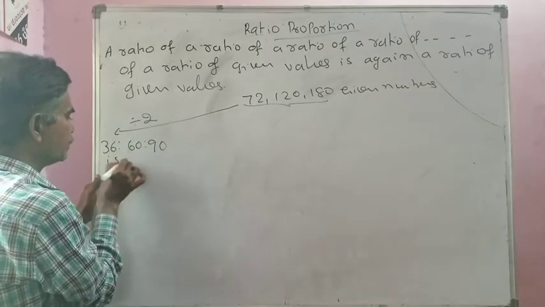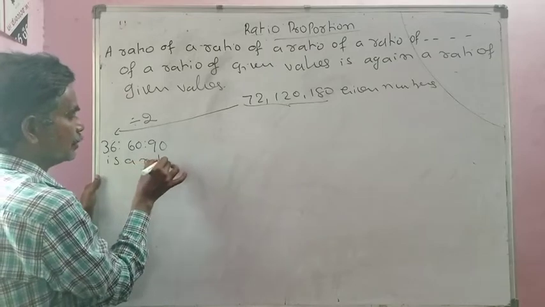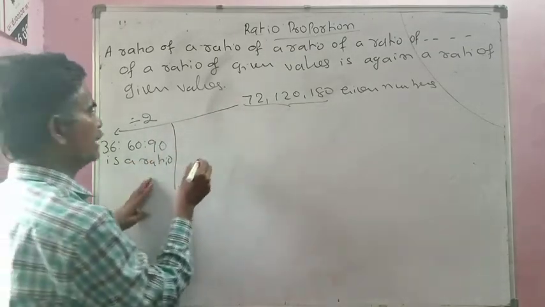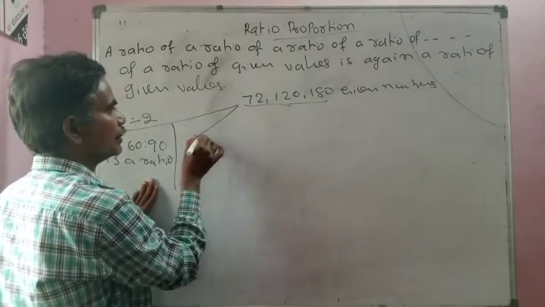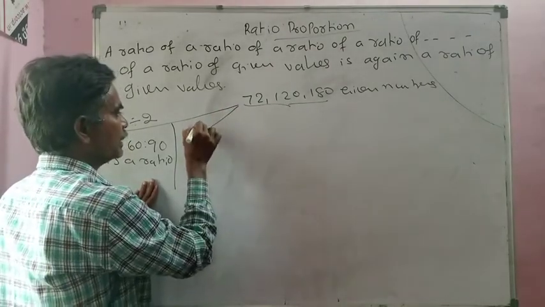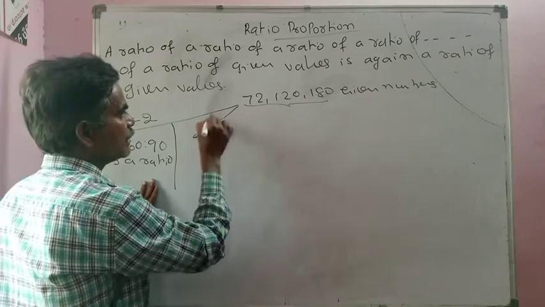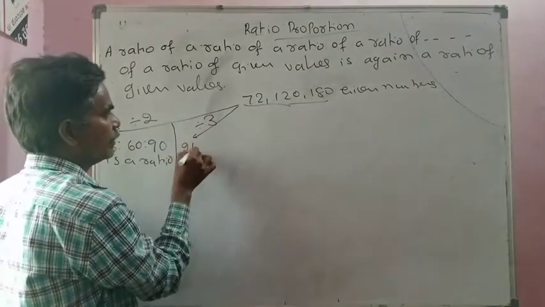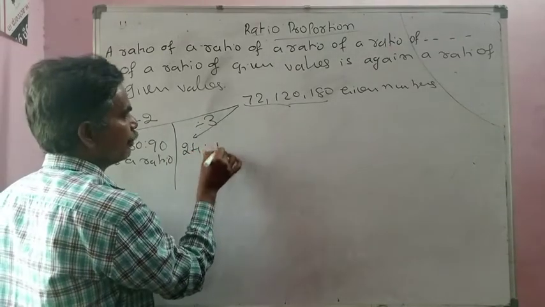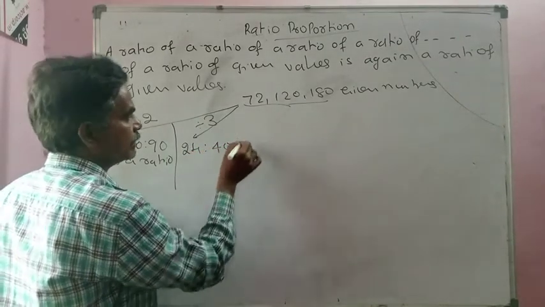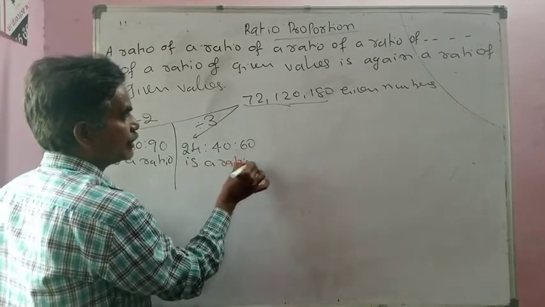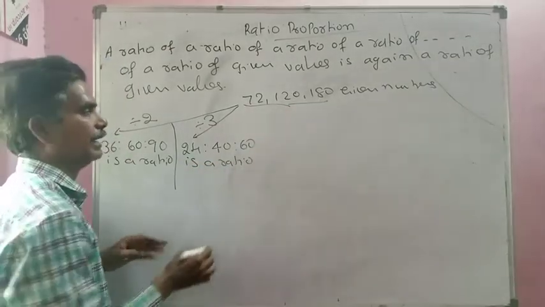It is a ratio of the given numbers. And let us find another ratio of these values. For that, let us divide these values by 3. Then we'll get 24, 40 and 60, which is a ratio of those values.